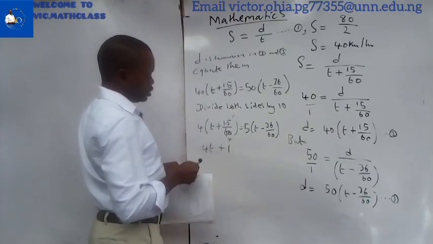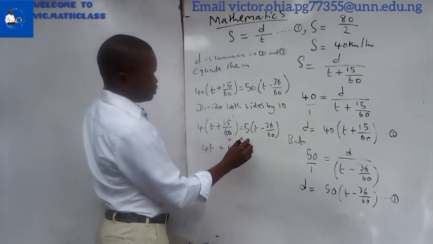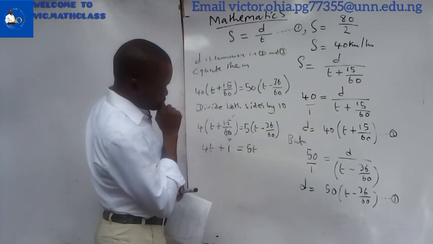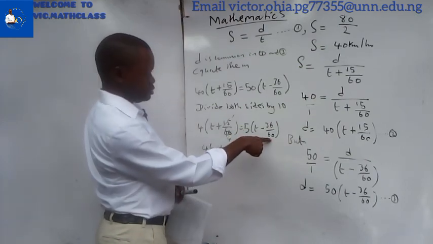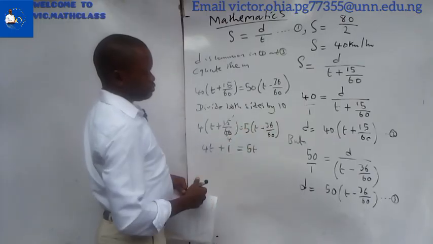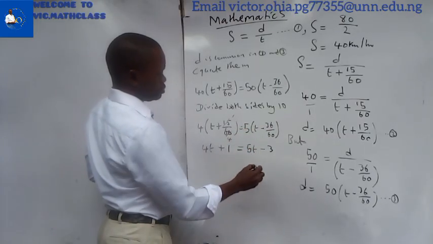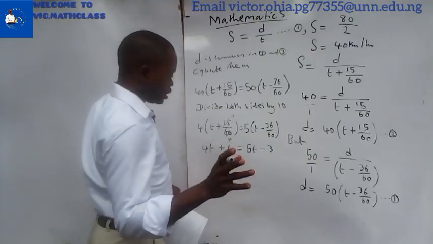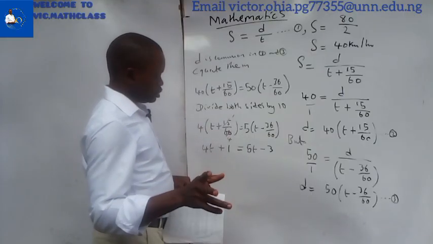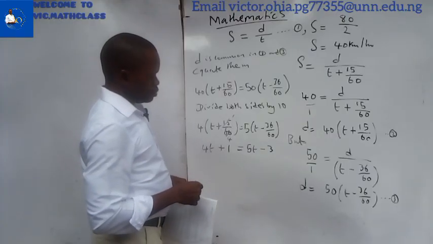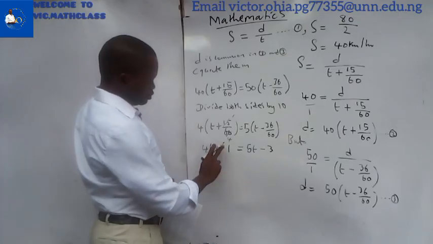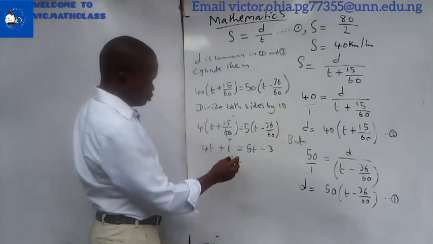So we have over here 5t, and then we also see that 5 divided by 60 will give us 12, and 12 divided into 36 will give us 3. So I have minus 3. Please verify all these things. I believe you have your calculator there, and while in a class, you still check what the facilitator is showing you. So I will transfer this over here, collecting the like terms.